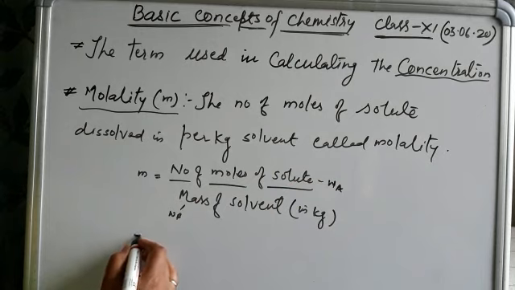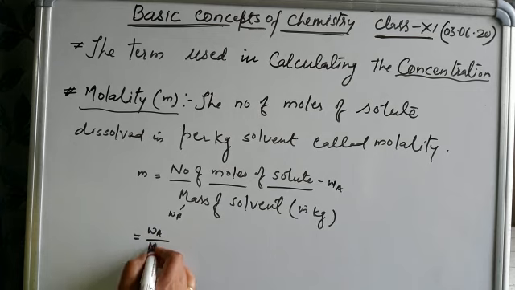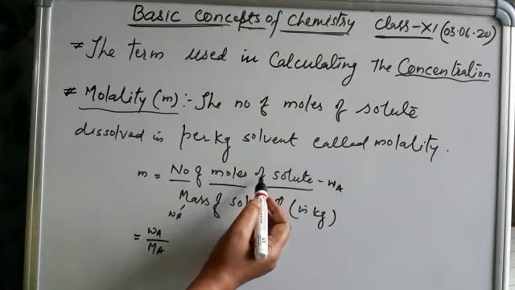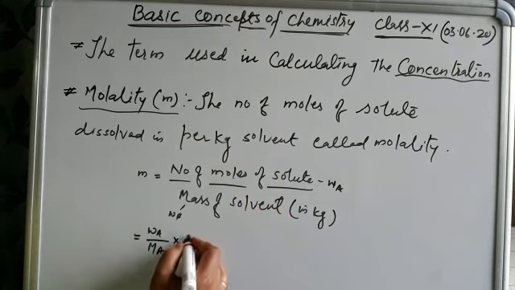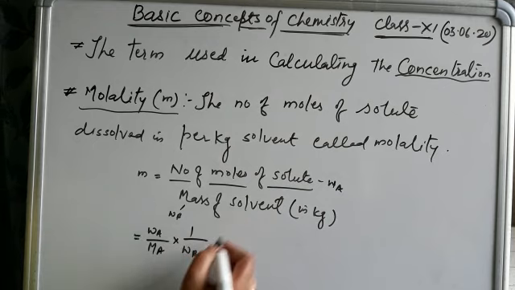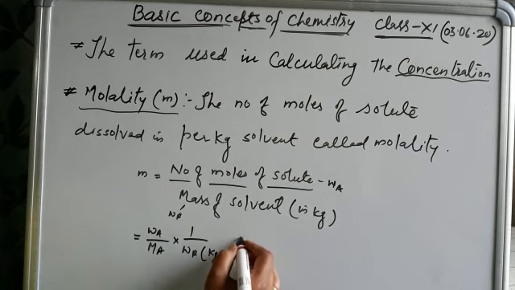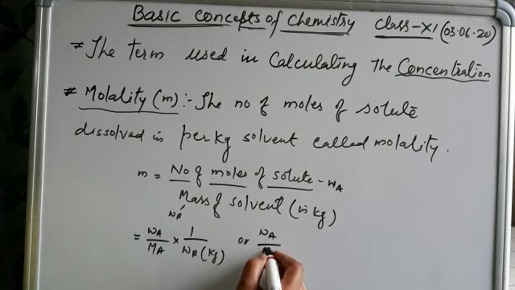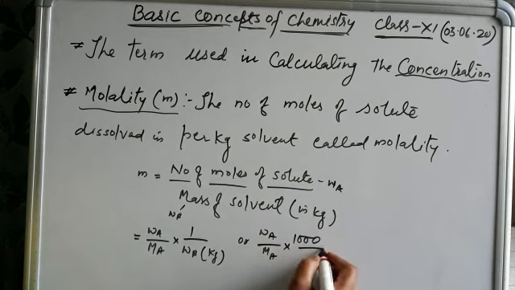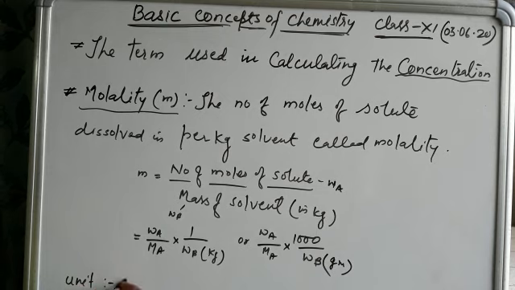So here Wa by Ma, we know that the number of moles of solute is given by mass divided by molar mass, and 1 by Wb, the mass of solvent in kg, or Wa by Ma into 1000 by Wb in gram. The unit of molality is mole per kg, or mole kg inverse, or simply m.